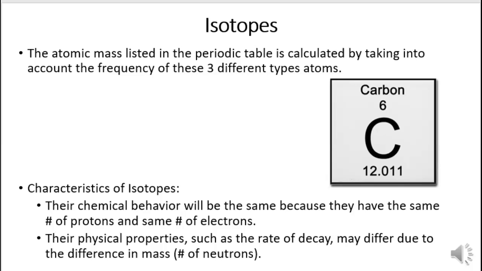That atomic mass is calculated by taking into account the different types of carbon atoms that exist in nature and their frequency in nature. The isotopes will have the same chemical behavior because they have the same number of protons and the same number of electrons, but they will vary in their physical properties, such as how fast they may decay, and this is due to their difference in mass.